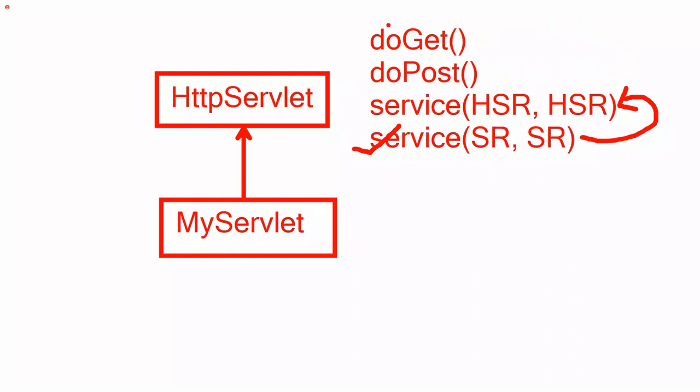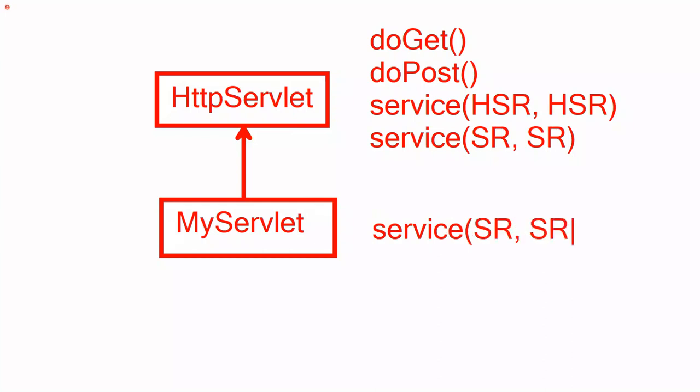This total code is already written. If we don't override any method, no error, no output. Okay, that is what you have to override. Suppose I override the service method, first what will happen? The life cycle service method is called. The life cycle service method is available in HttpServlet and also in my servlet.